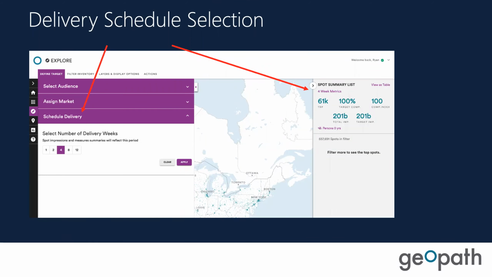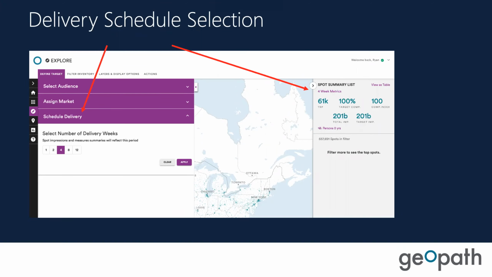One of the big things was the delivery schedule selection capability. In the Explore module, you can now look at deliveries over 1 week, 2 weeks, 4 weeks, 8 weeks, and 12 weeks. That changes the TRPs and total impression delivery for those numbers of weeks.